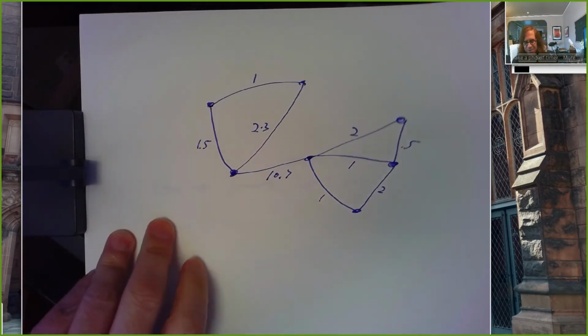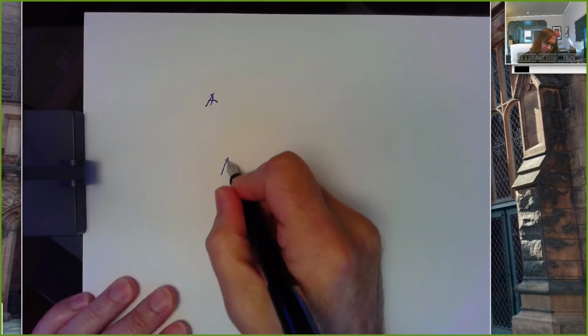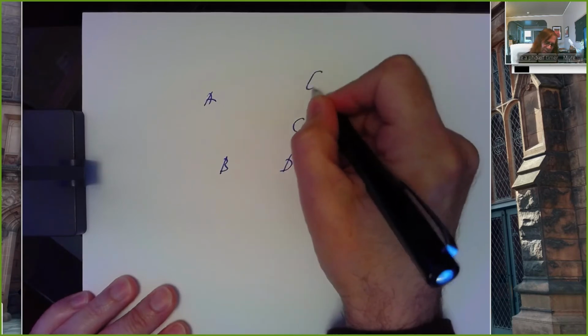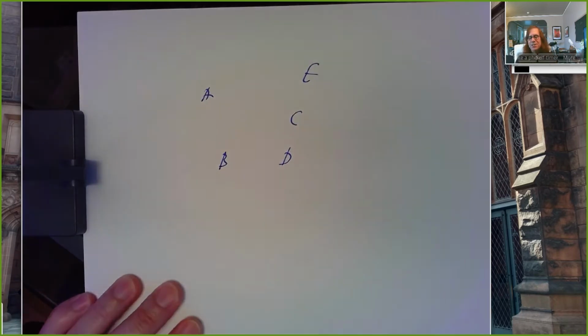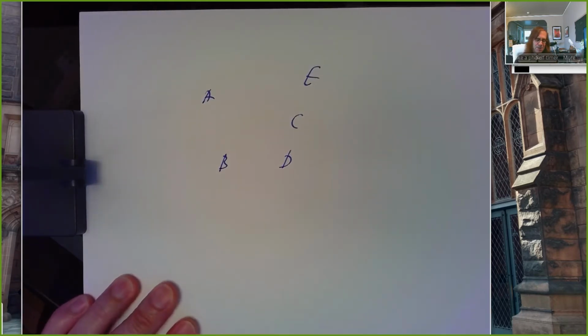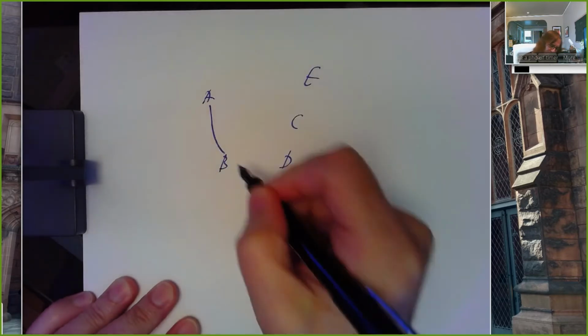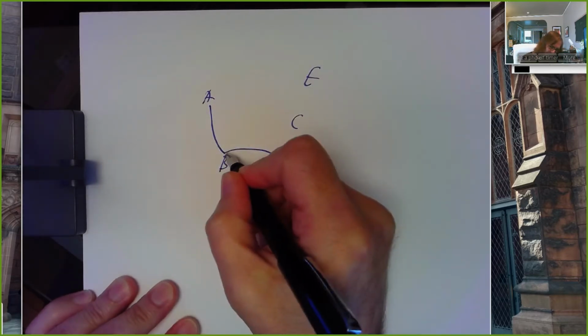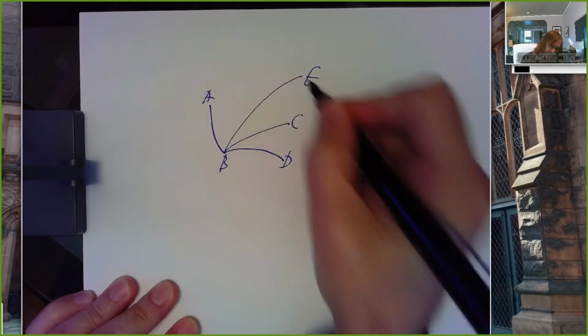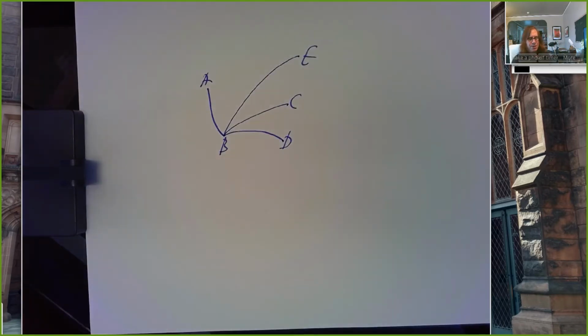We could make an acquaintance graph. We could have persons A, B, C, D, and E, and we could draw an edge connecting any two people who are acquainted with one another, any two people who know each other. So here, everybody knows person B, but nobody knows anybody else.